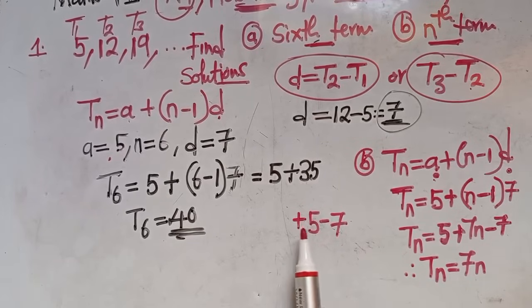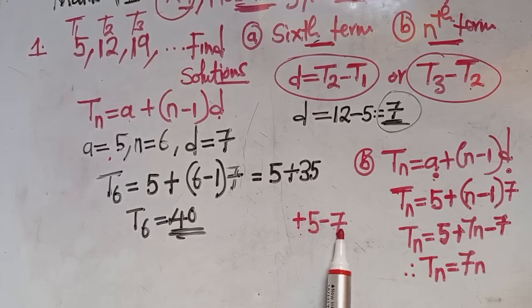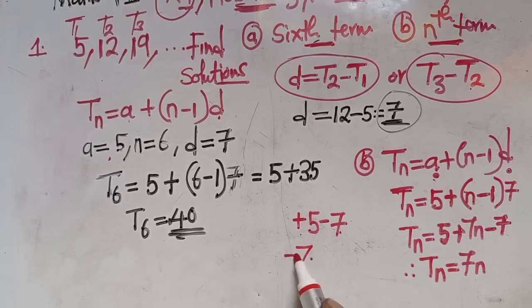So you are supposed to say, okay, 5 minus 7, different signs. This is just the same as negative 7 plus 5. These two are just the same. I've just swapped them. So the concept is the same.